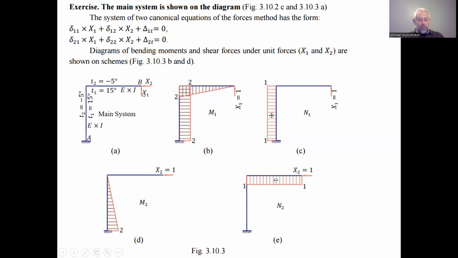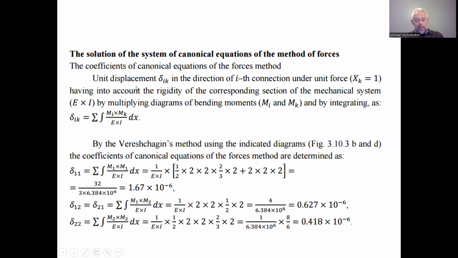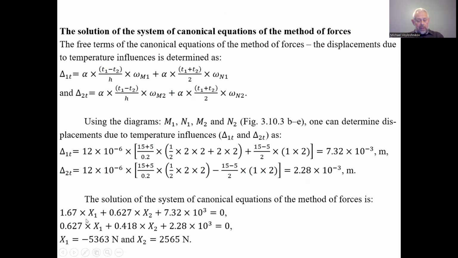One is x2 multiplied by the 2-meter arm, and x1 multiplied by the 2-meter arm, the horizontal size of the mechanical system. So it's not a big deal to find the other reactions in the point B.